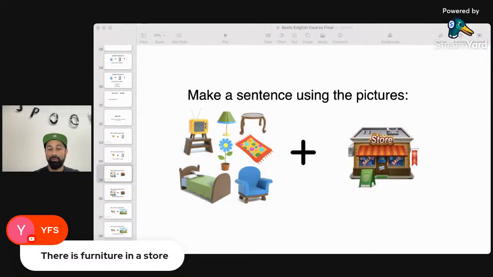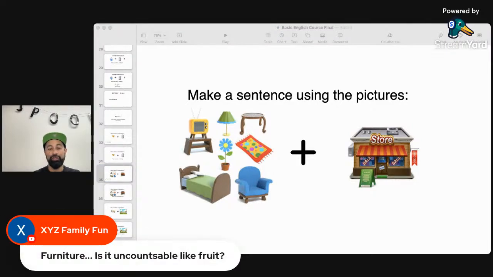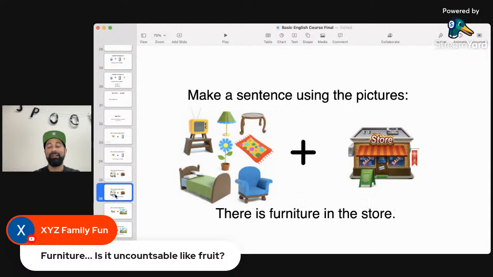Okay, we have a question from YFS before. Furniture, is it uncountable like fruit? Let's find out. The answer here is there is furniture in the store. XYZ, you are correct. Furniture is uncountable like fruit. Furniture is the category.